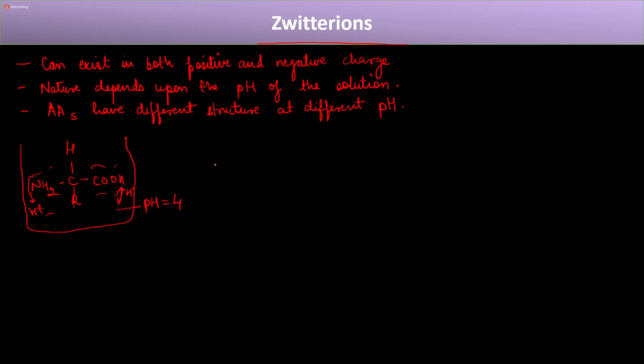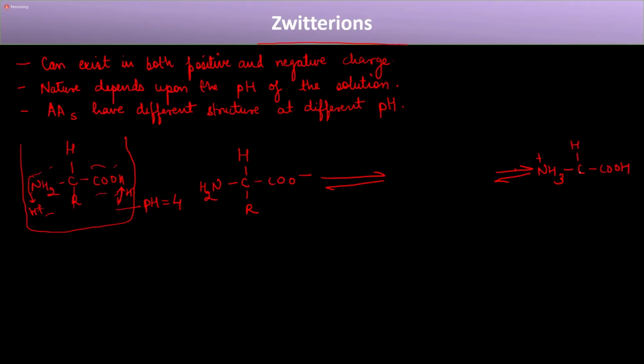So say at a certain pH, the amino acid is looking like this. It is negatively charged. Because it has the ability to change, at another certain pH it is positively charged, because it has taken the hydrogen from the solution.